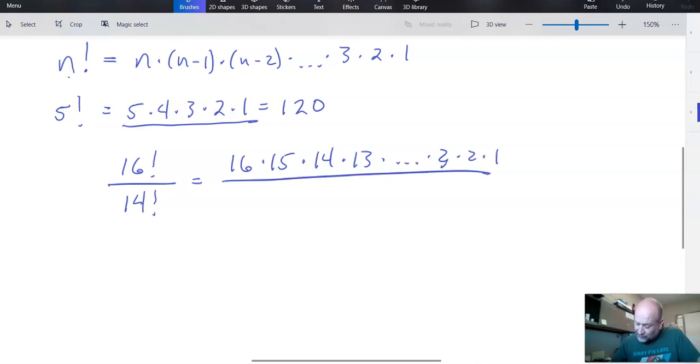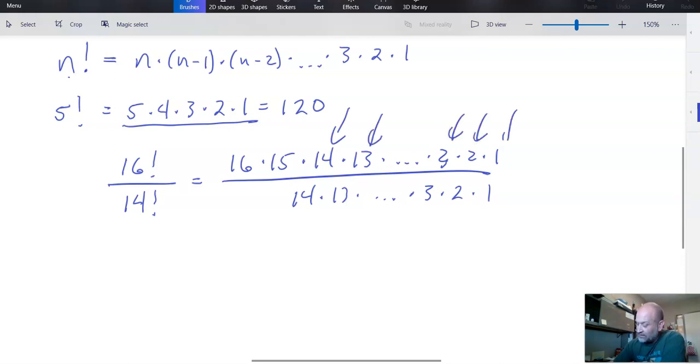And then same thing with the 14: I have 14 factorial, 14 times 13 times ... times 3 times 2 times 1. So you notice all of these things match, right? Here, here, here, here. And since this is basically division, I can cancel all these guys out.